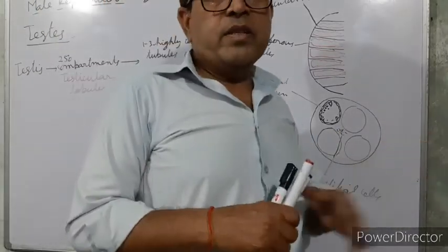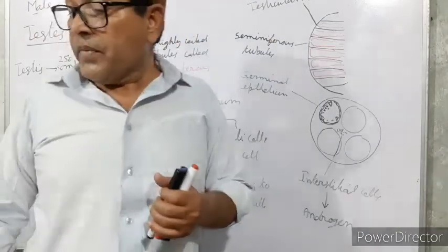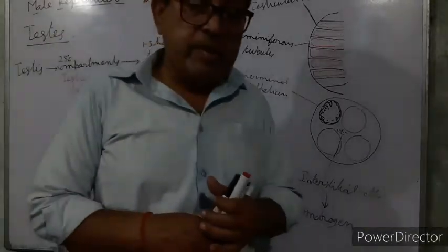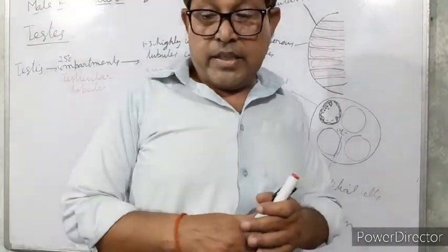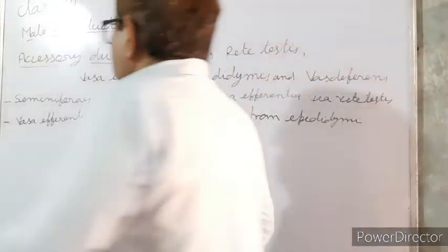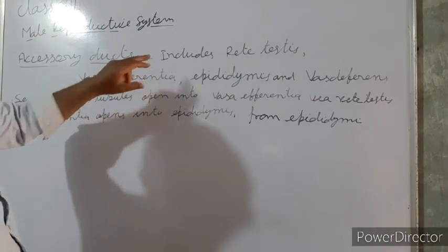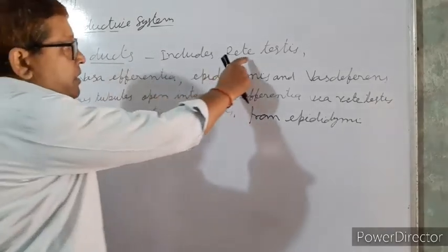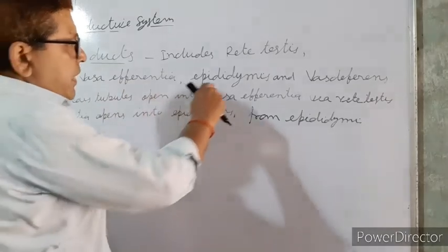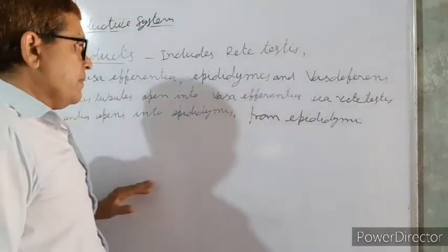So that's about the testes. Next, we have to study the accessory ducts. Accessory ducts include rete testis, vasa efferentia, epididymis, and vas deferens.